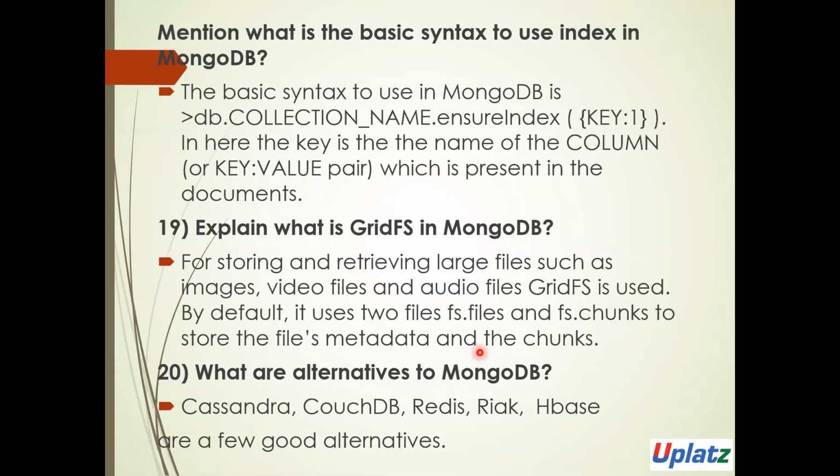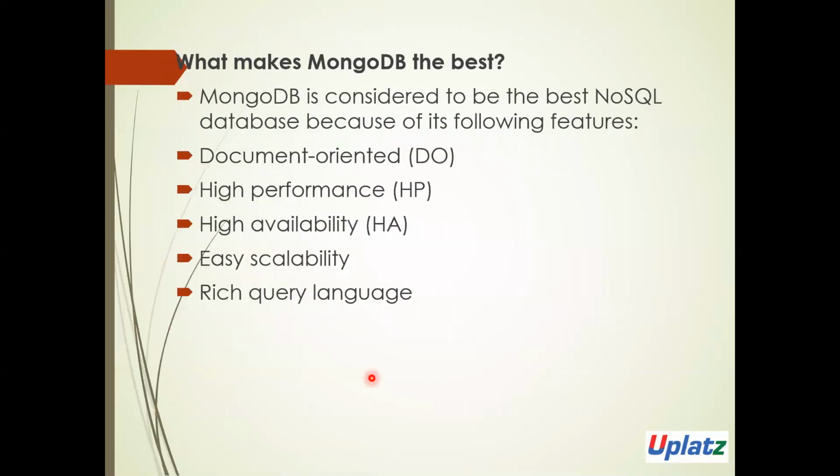What are the alternatives? Cassandra, Couch, and HBase are good alternatives for MongoDB. Next is, why are we using MongoDB? It is document oriented, with high performance, high availability, easy scalability, and a rich query language.